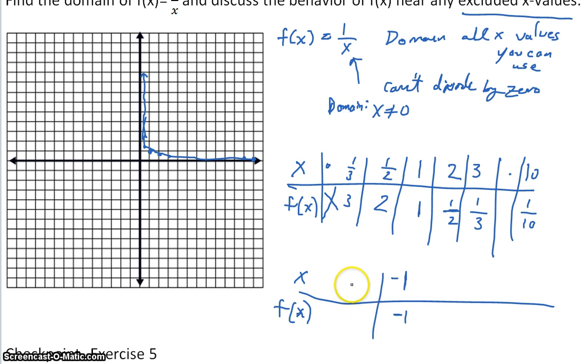When x is -1/2, y is going to be -2. When x is equal to -1/10, y is going to be equal to -10. So what's happening on this side is it appears to be a reflection across the origin. So it looks something like this.